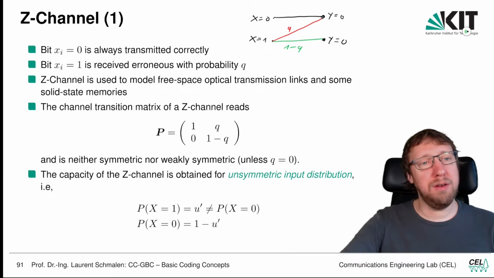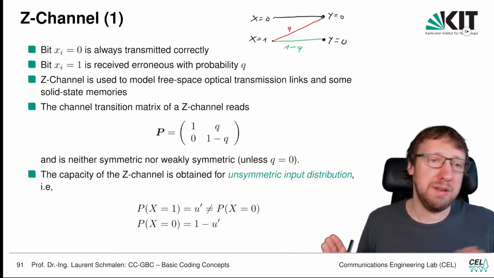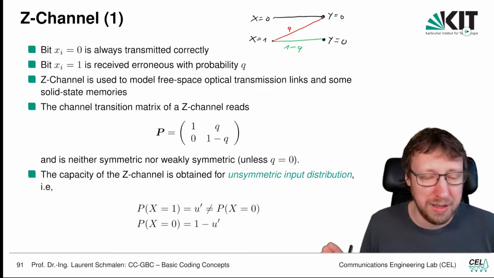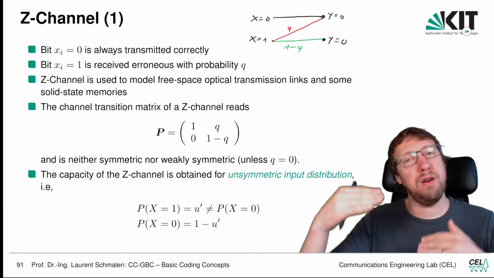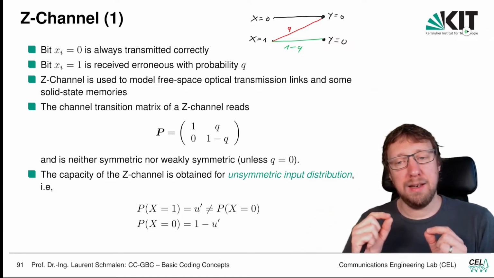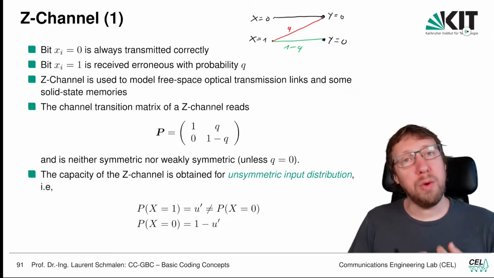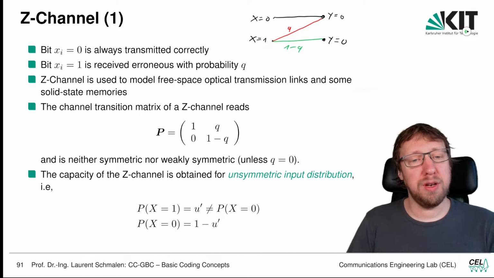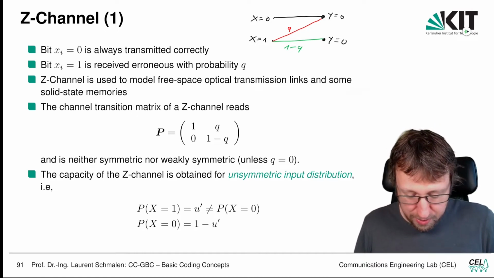If you only transmit zeros, you know exactly what was transmitted, but there is no information. So there is a trade-off between the amount of information that you can transmit and the probability that you make an error. And therefore, we need to optimize the input distribution, and we essentially can do this.